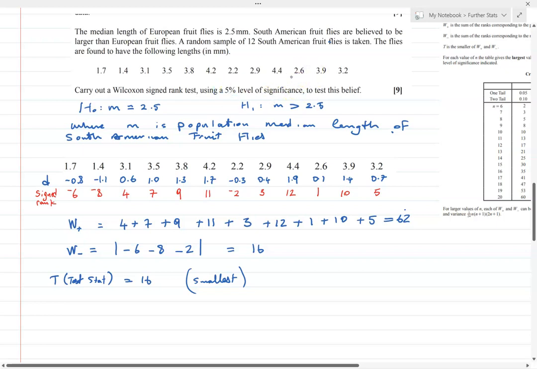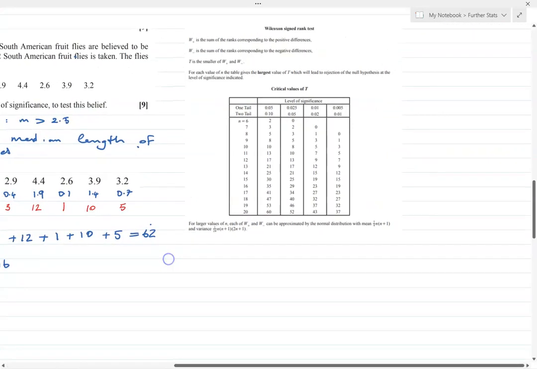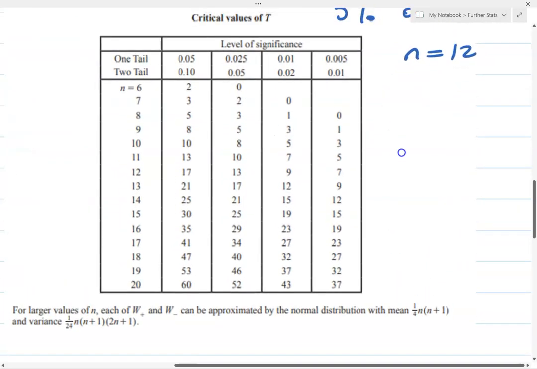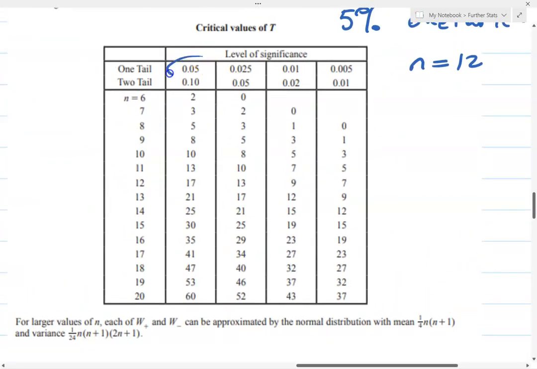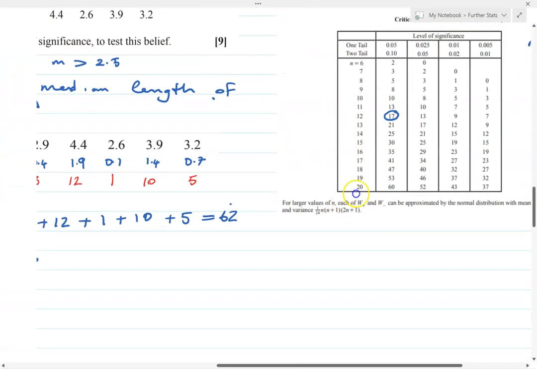So let's have a look. One-tailed 5%, so we're in this column, with n equals 12, so the critical value is 17.